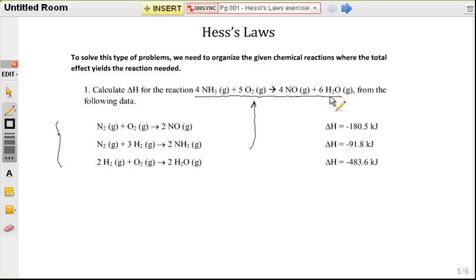So we're going to start with the products of this reaction. We have 4 molecules of nitrogen oxide. In my first equation, we have 2 molecules of nitrogen oxide. I will need 4, and it's in the right place, on the product side. So we just need to multiply this reaction by 2.